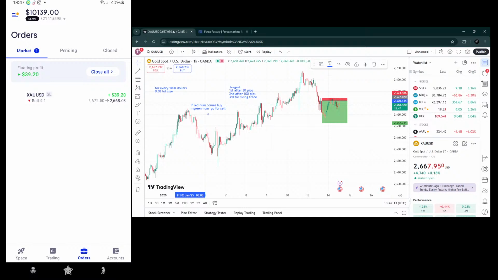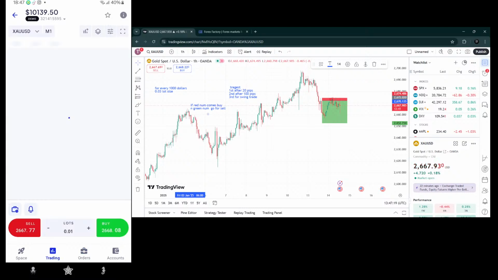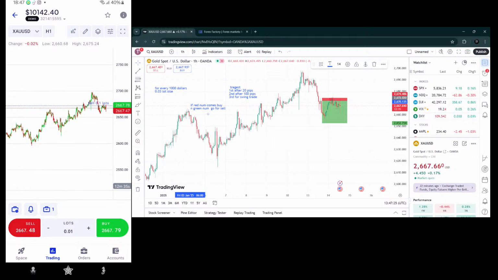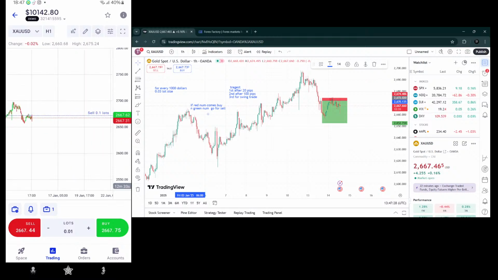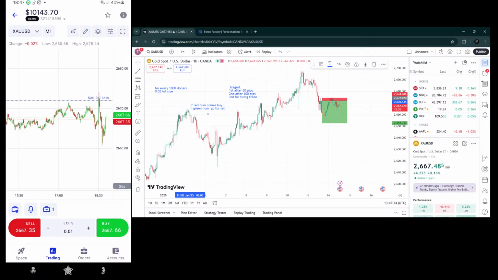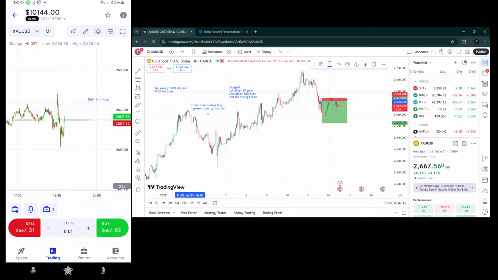If you see now, the candle is going from red to green. If you open H1, so this was a spike.